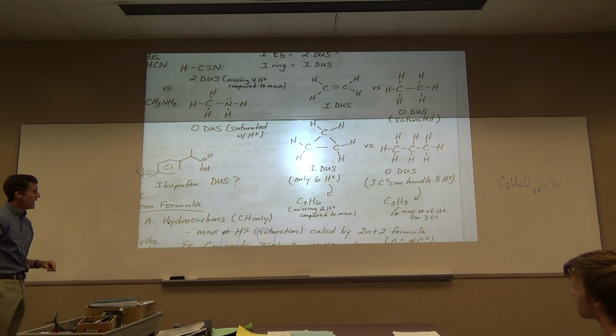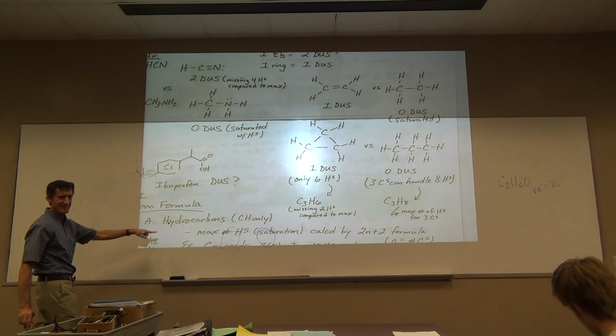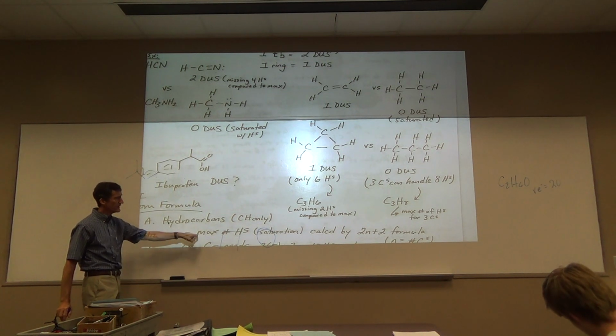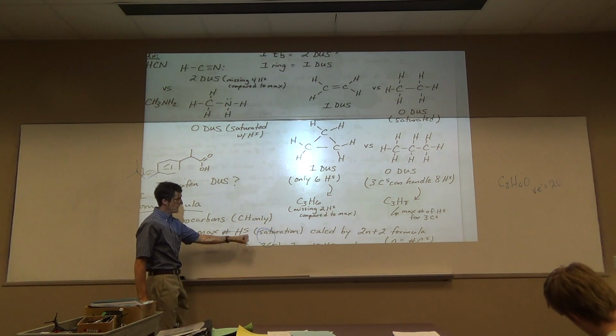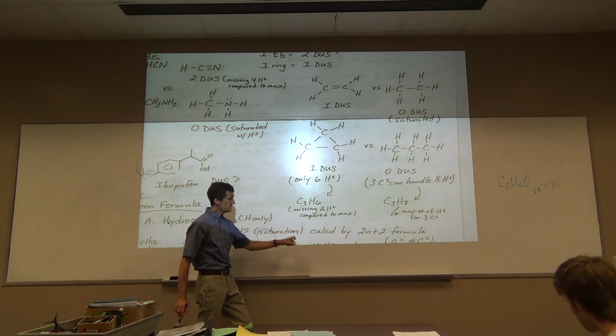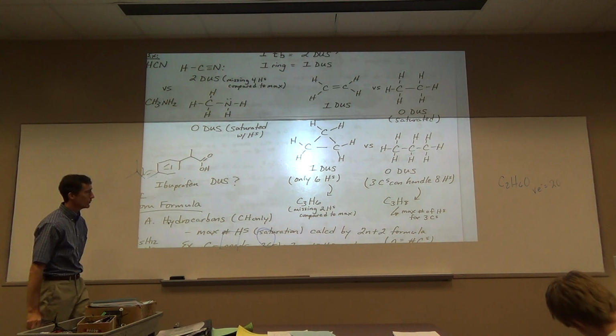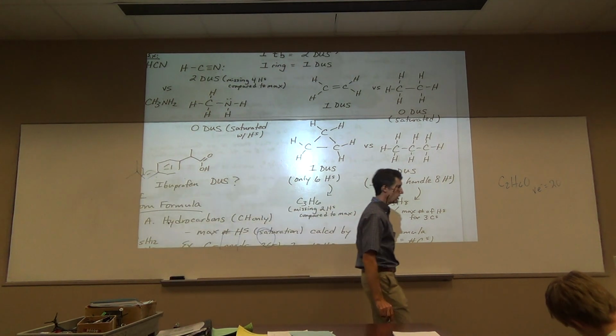Formula. Hydrocarbons. We've already alluded to this. The maximum number of H's, that is saturation, is calculated by the 2N plus 2 formula, where N is the number of carbons.